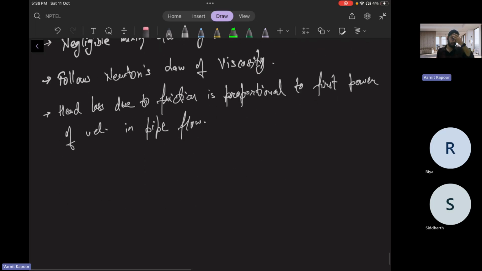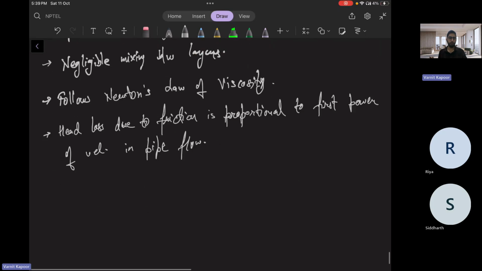So that means whenever the flow is happening, suppose over a flat plate with very high velocities, initially, because of the no slip condition, there might be a chance of having a laminar sublayer, but there will be a transition from laminar to a turbulent scenario. If the flow is totally laminar, then all these features of laminar flow will follow.